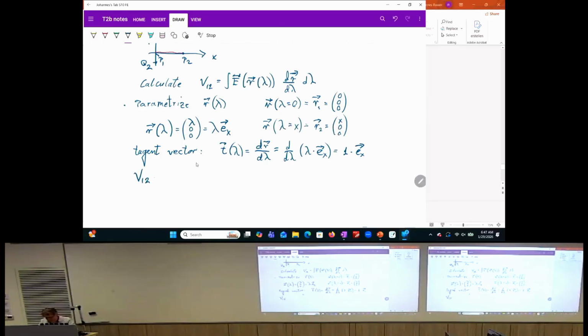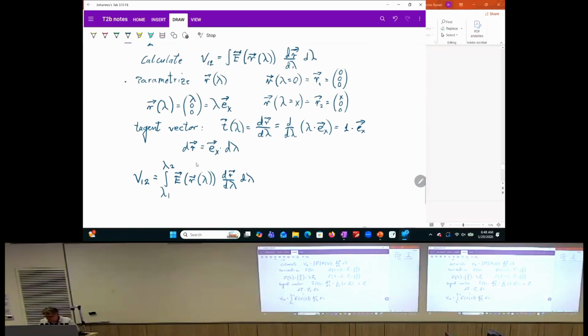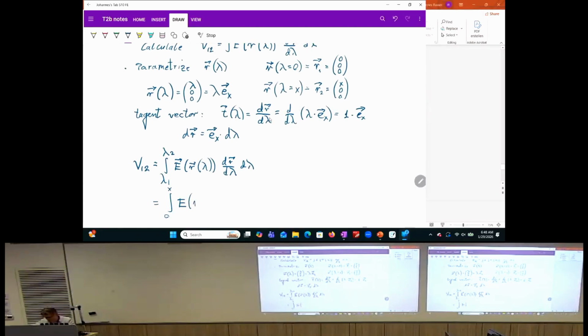Then V12 is obtained by integrating the E field from lambda 1 to lambda 2, because what we have made use of is that our line element dr is ex d lambda. That follows right here from forming the tangent.